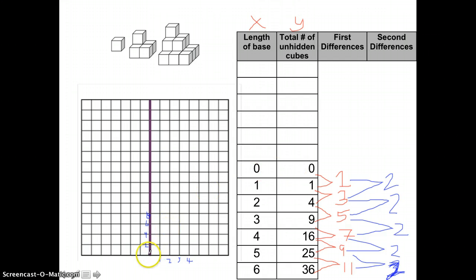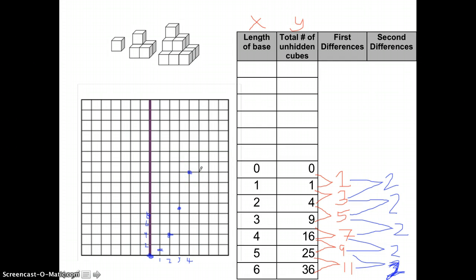So we have 0, 0 is our first point. If we have 0 side length, we have 0 blocks. 1 side length, 1 block. 1 and 1. That puts a point right here. Next is 2 with 4. Next is 3 with 9, which would be here. 4 with 16, so this is 10, 12, 14, 16.